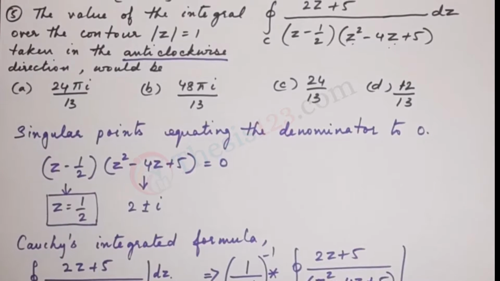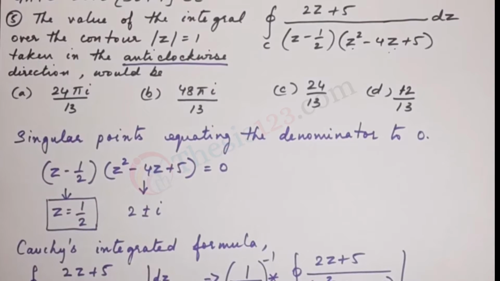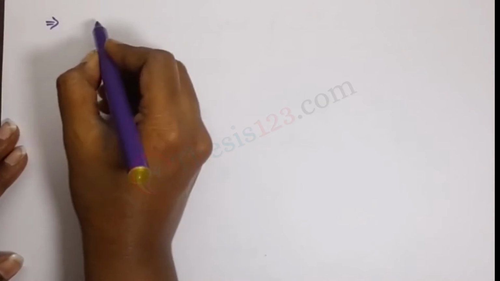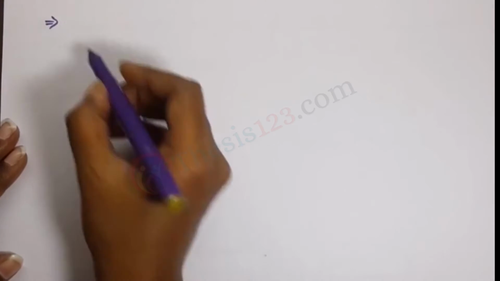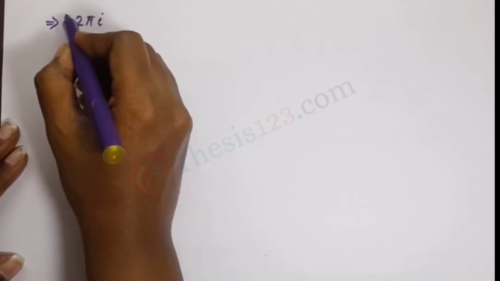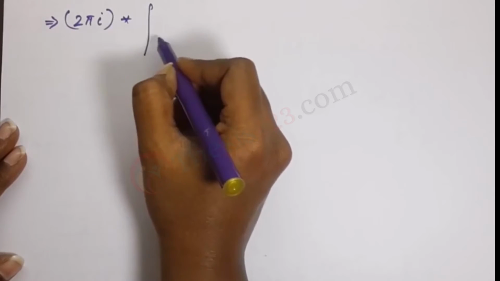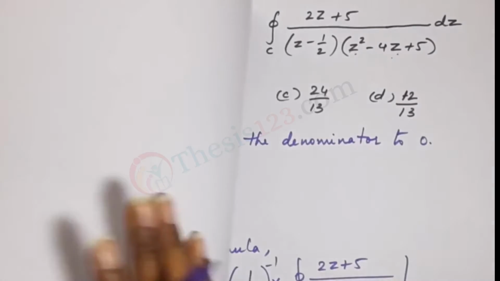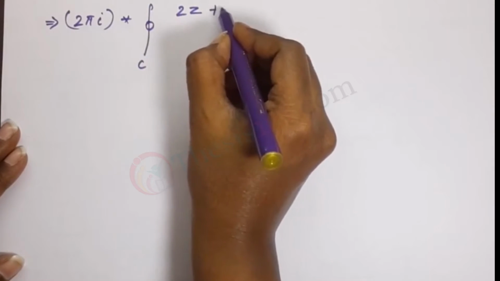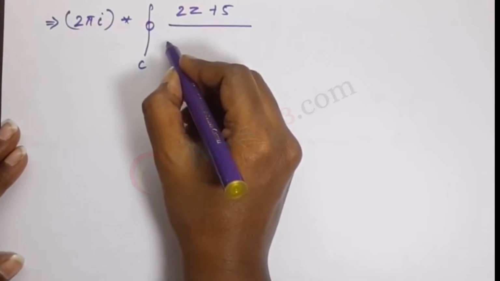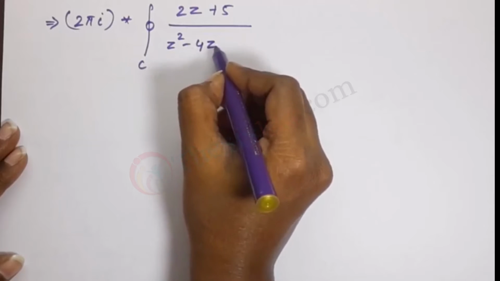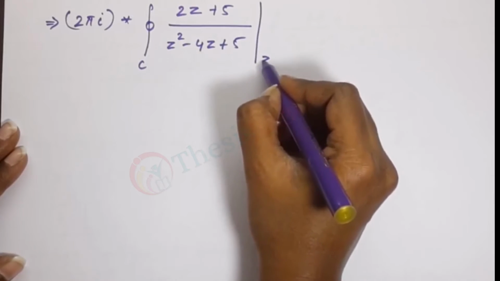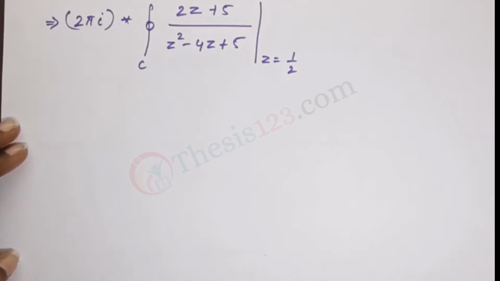So let me just grab another piece of paper here to continue. Okay, so we have Cauchy's integral formula, and let me write that down again. So we took the reciprocal, so that would be 2 pi i into the value of 2z plus 5 divided by z square minus 4z plus 5 at the value of z equal to 1 by 2.